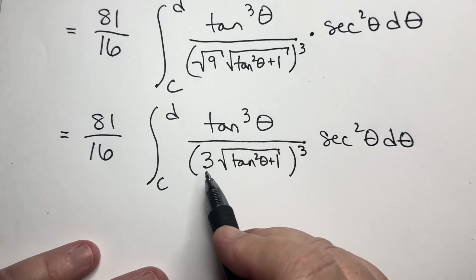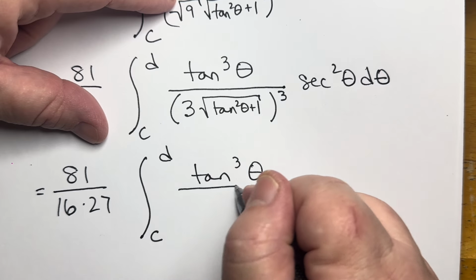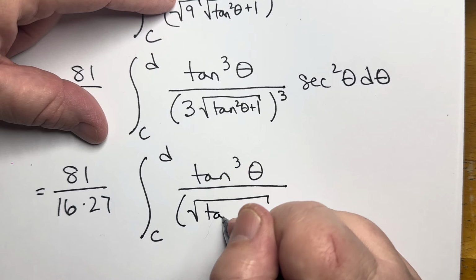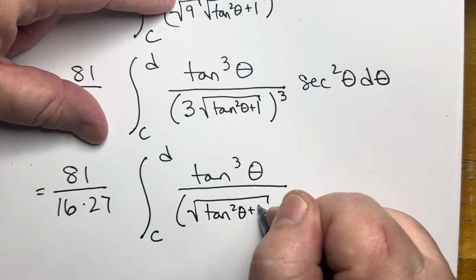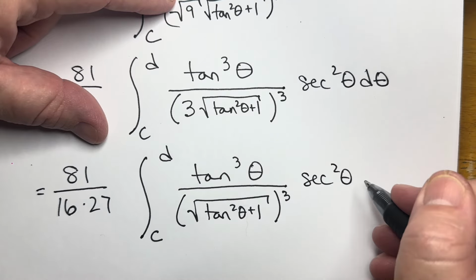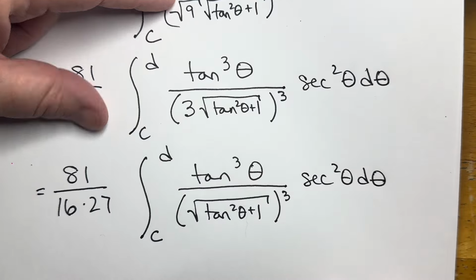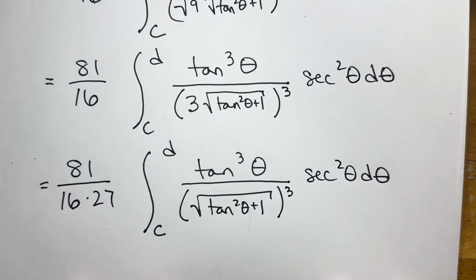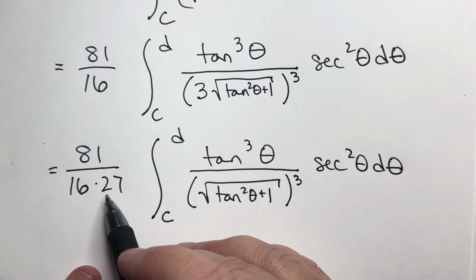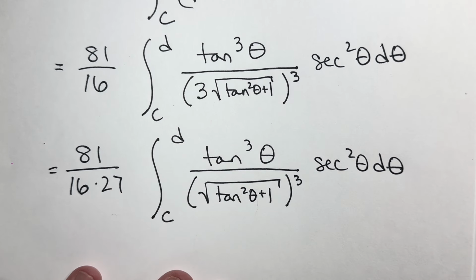And now I just have the trig inside the integral. You don't have to do this, but personally, I think it just simplifies everything a little bit to get the numbers out of the way. They're just very excitable. Okay, so we've squeezed out all of the constants. 81 over 27 actually simplifies really nicely. 81 is 3 times 27.